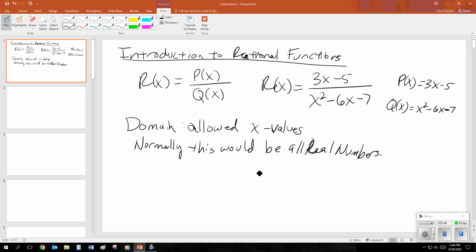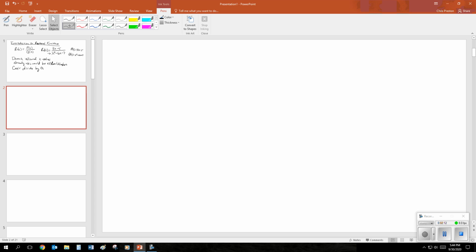But when we get to rational functions, we come in with an issue that doesn't show up when it's just a polynomial. And that is, we can't divide by 0. So any x value that would make the denominator 0 has to be eliminated from the domain. It can't work. So let's say I wanted to find the allowed x values, find the domain, of the function we were just looking at.